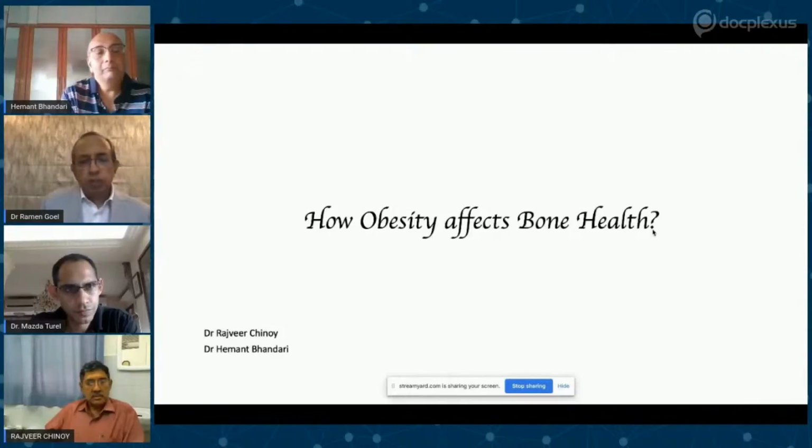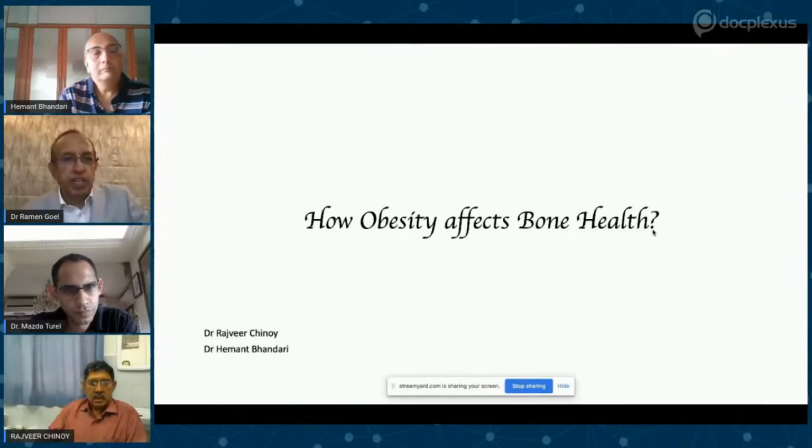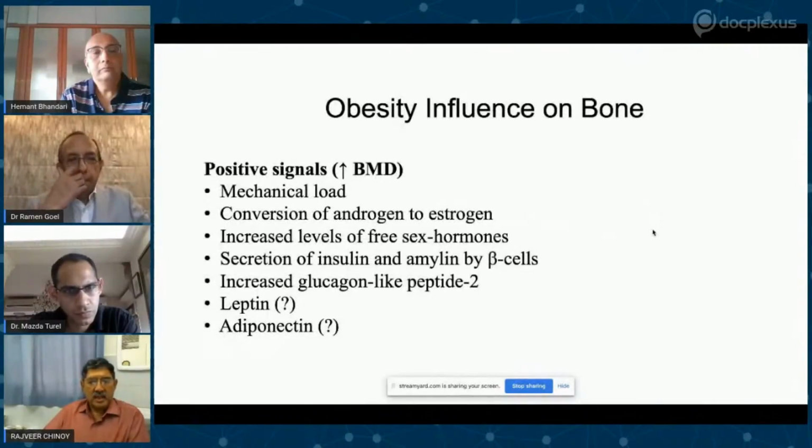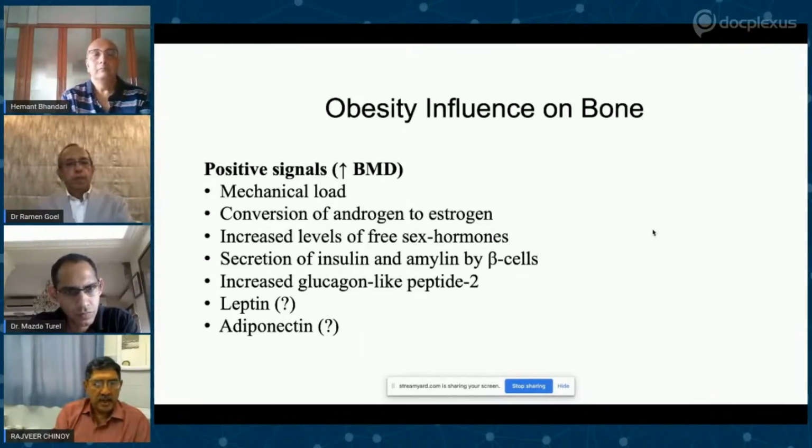Okay. So coming back to the topic of the day, Dr. Chinoy, how does obesity affect bone health? So one thing we realize is that age itself leads to decline in the bone mass. But how is obesity affecting the bone health in general? We are talking of bone and not the joints at the moment. Sure. Now, the thinner person has a tendency to osteopenia.